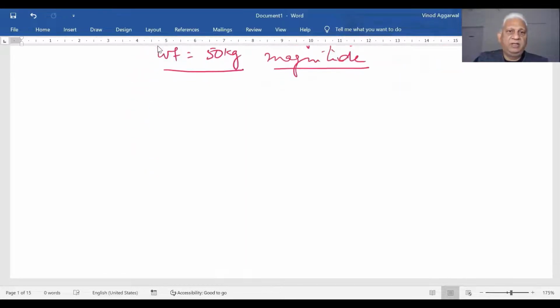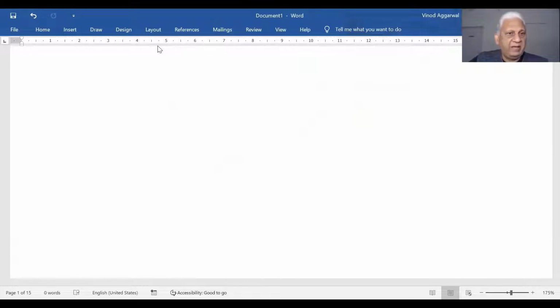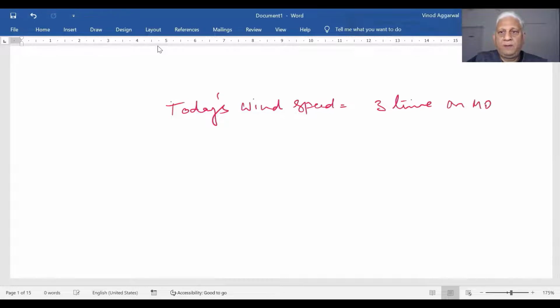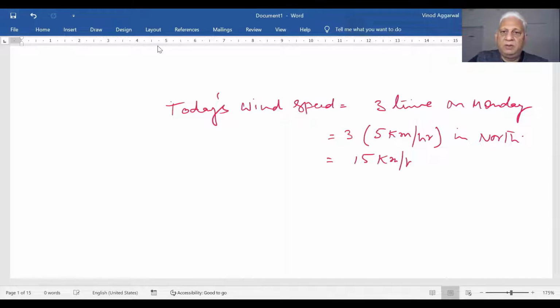Now, if we say today the wind speed is 3 times what it was on Monday, and on Monday it was, let us say, 5 kilometers per hour in northerly direction, we can easily say that today the wind is 15 kilometers per hour in northerly direction.